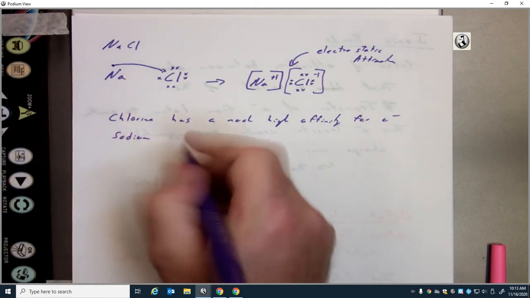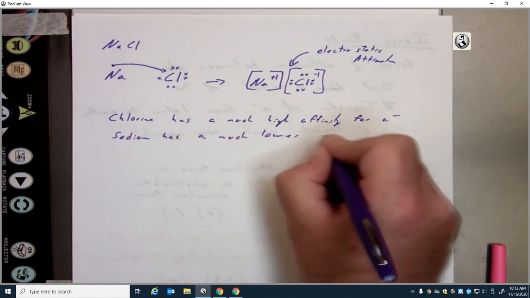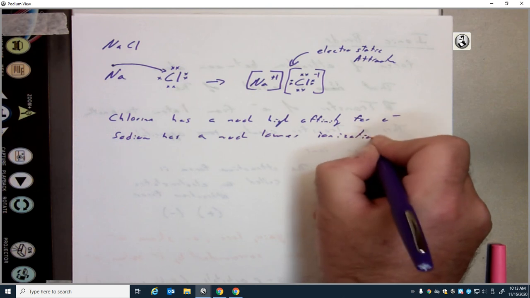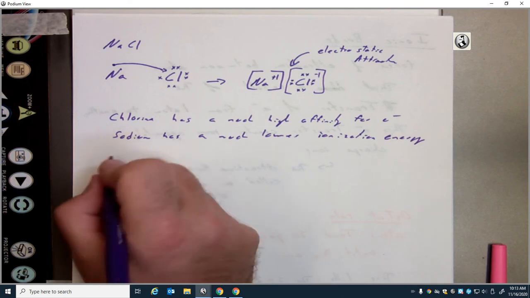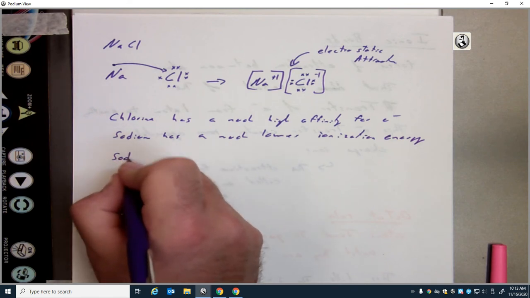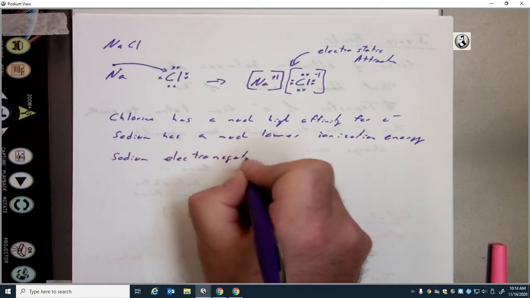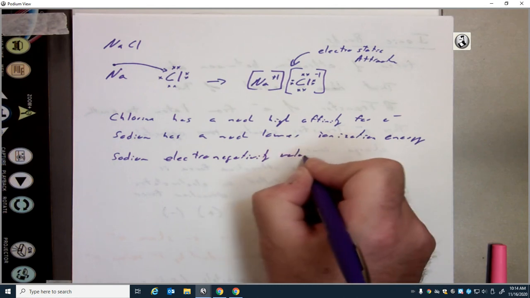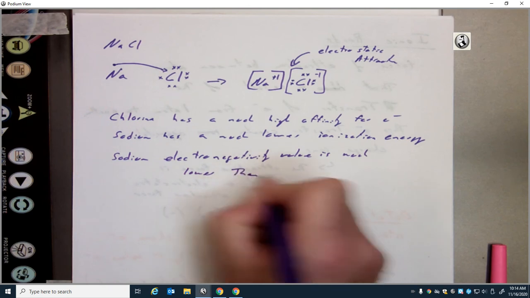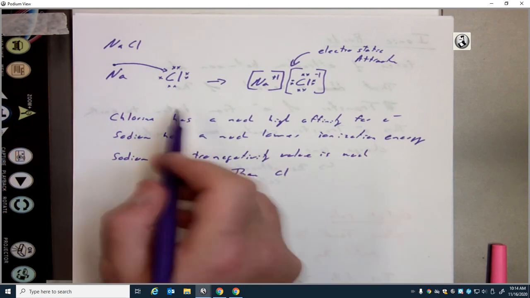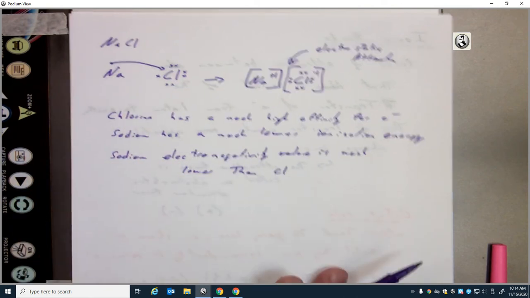Sodium has a much lower ionization energy. Sodium's electronegativity value is much lower than chlorine. Okay. So all of these reasons are driving this transfer of electrons.